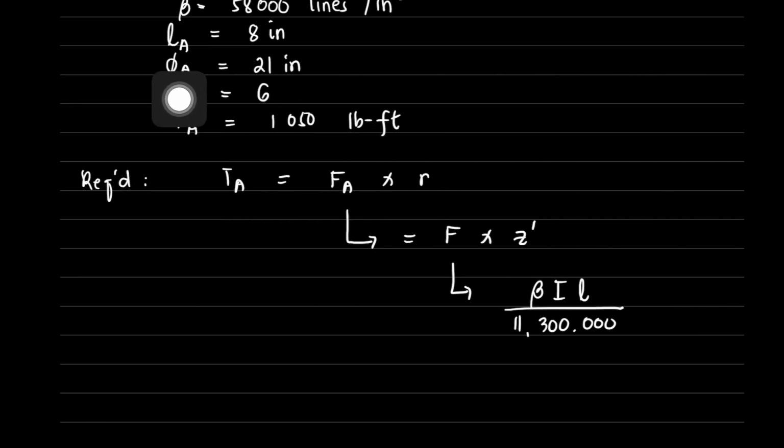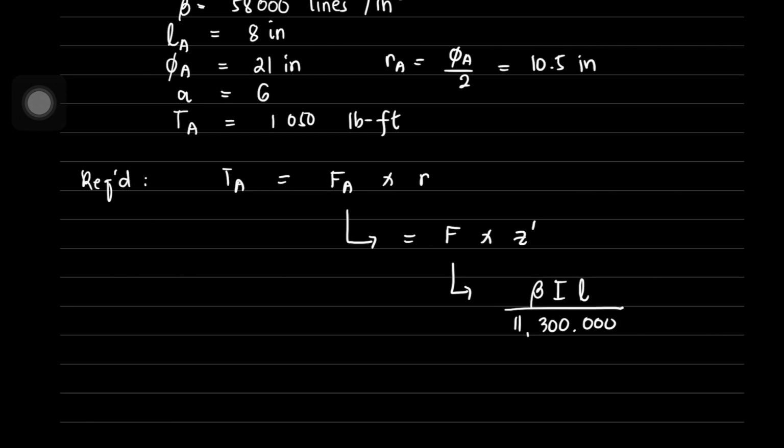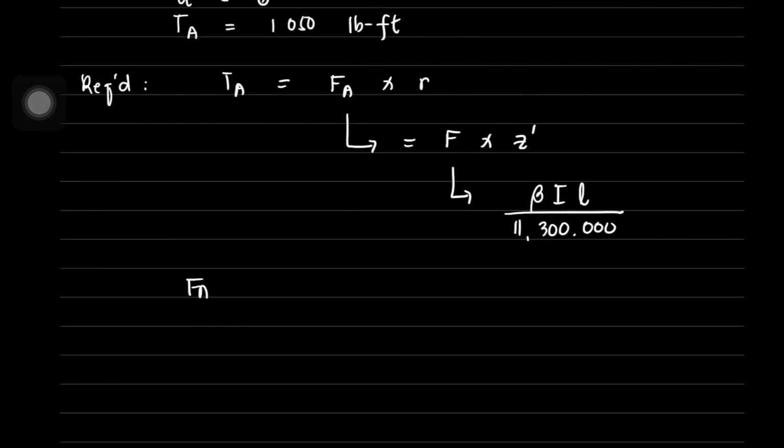The radius can be solved using this one because the diameter is 21 inches. Therefore, the radius of the armature is diameter divided by 2, so that's equal to 10.5 inches. So, FA, or the force exerted by the armature, is now equal to torque A all over R. So this is 1,050 foot-pound all over 10.5 inches.